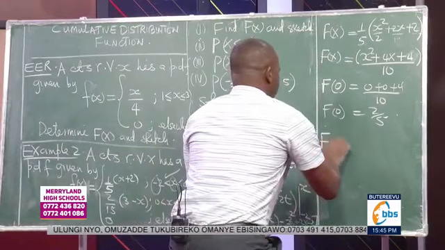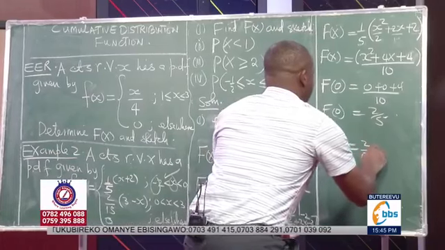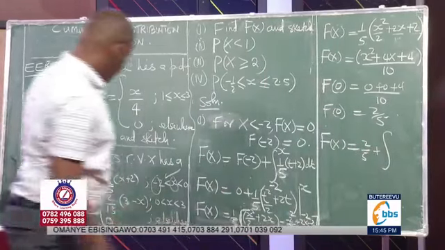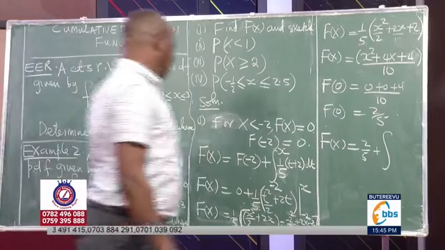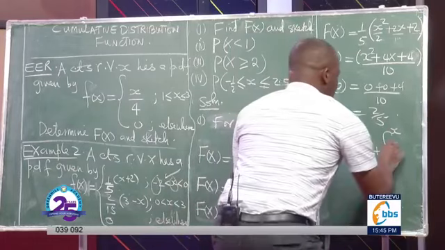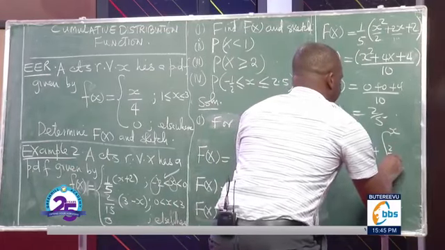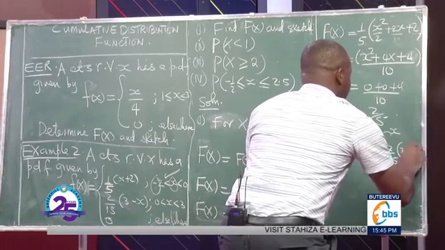That f of x will be, we use the 2 out of 5 and we add on the integral from 0 to x of the next term, which is 2 out of 15 into 3 minus x. Now this should be t dt.